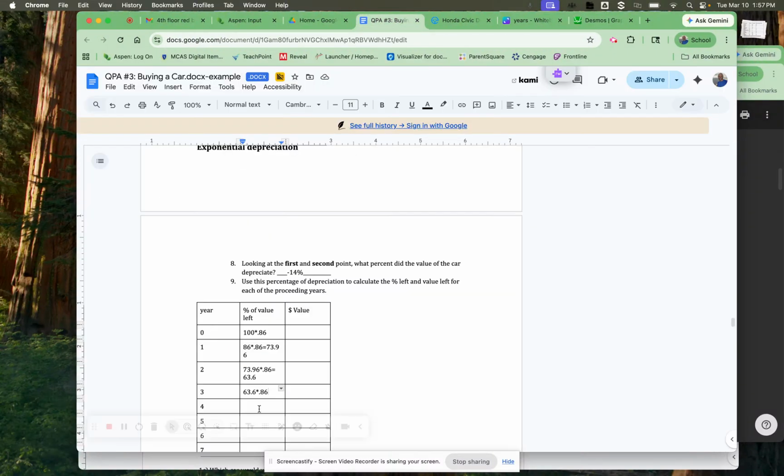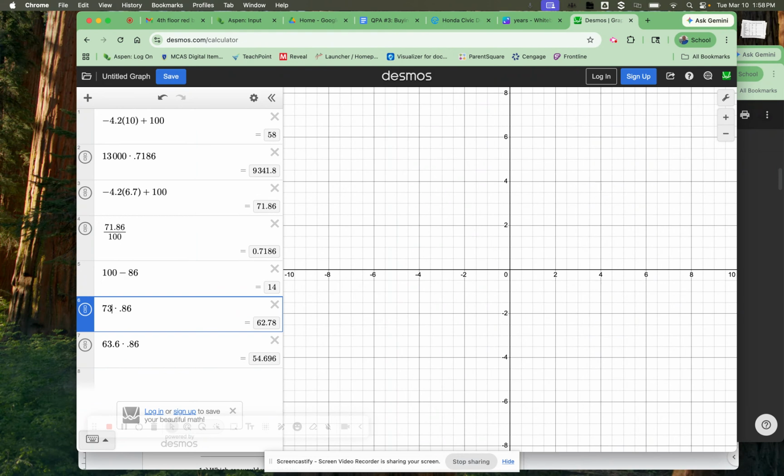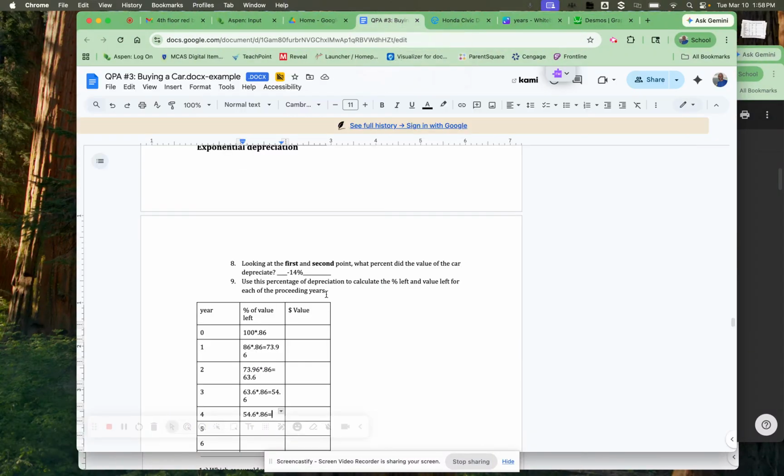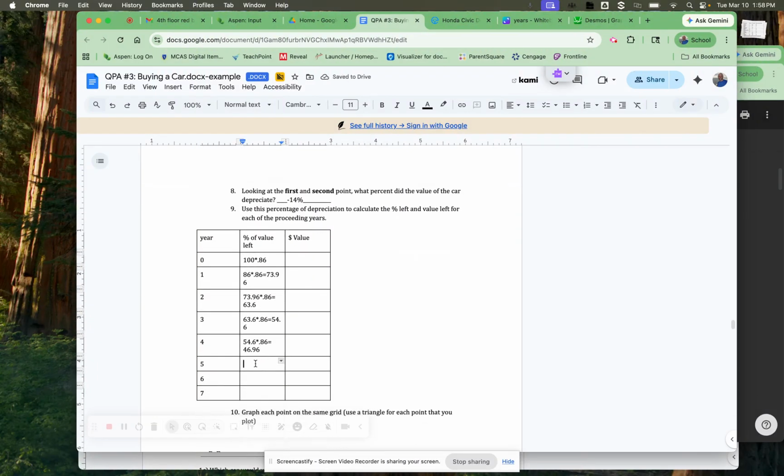That gives 54.6. I'm going to take 54.6 and multiply by 0.86 and I get 46.96. I'm going to take 46.96 and multiply it by 0.86. I'm going to do the same thing all the way through.